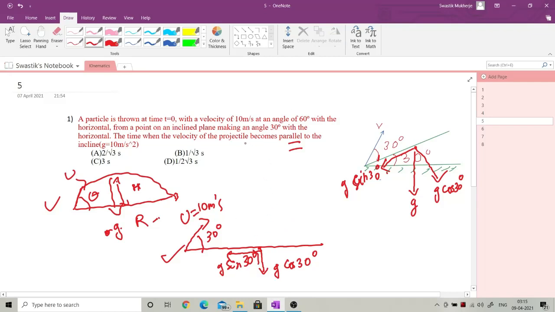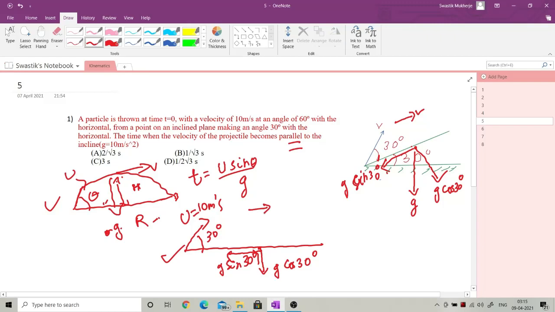Now you have to understand what they're asking in the question: the time when the velocity of the projectile becomes parallel to the incline. In the base case, this moment is given by t equals u sine theta by g, the acceleration in the vertical direction.